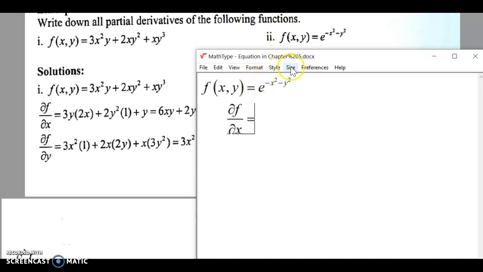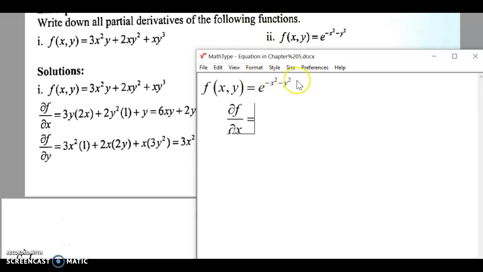So by default, the way to differentiate an exponent is to bring the power to the left hand side and differentiate it. That is the common way we did it before in the differentiation.